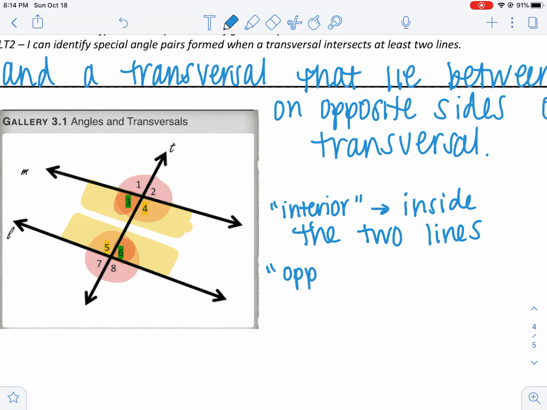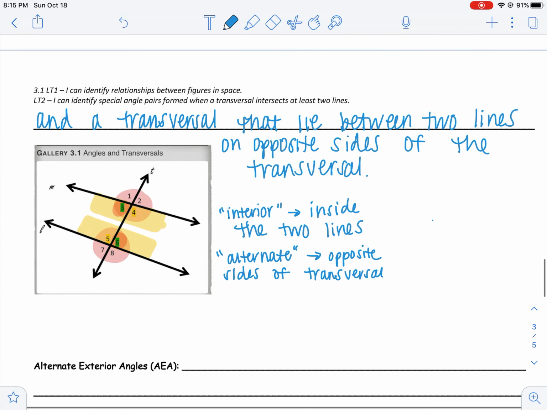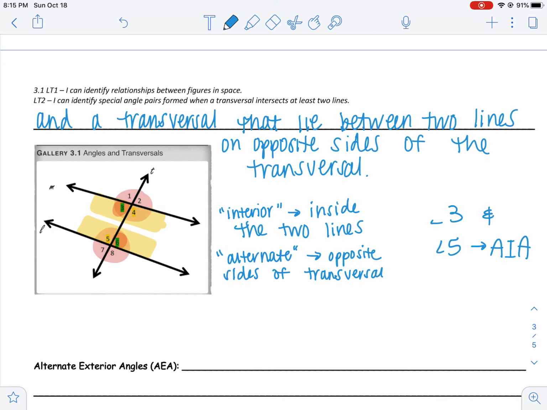So alternate meaning opposite sides of transversal. Okay, so angle 3 and angle 5 are alternate interior angles.